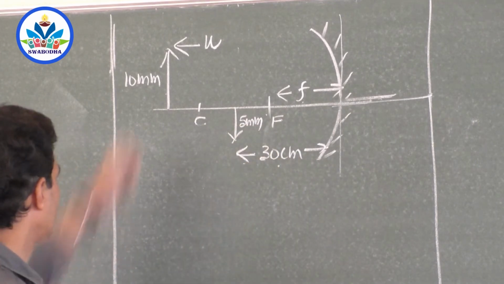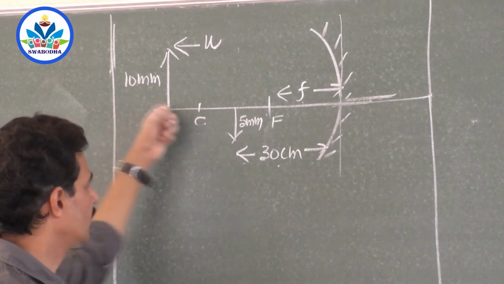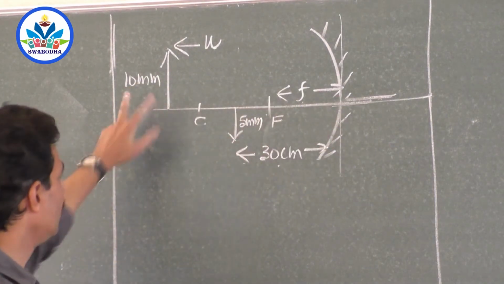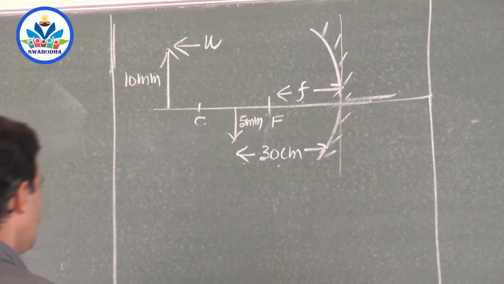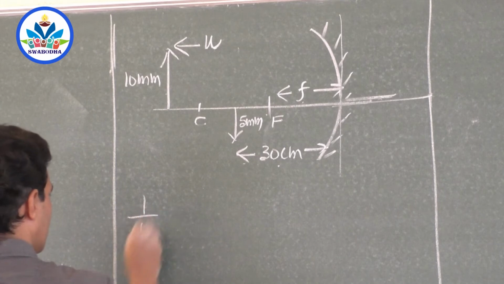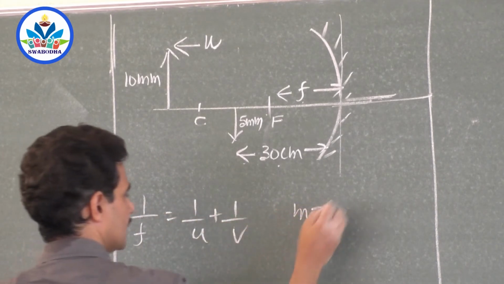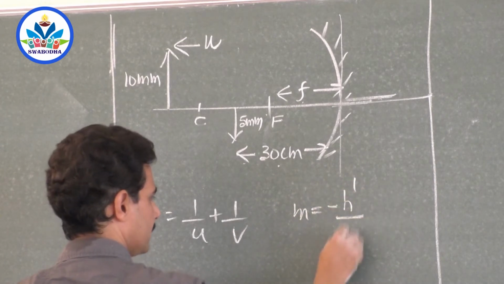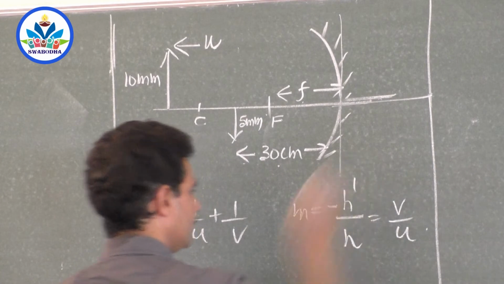We have the image distance, we want to know the object distance, but we know the magnification cases, right? Using that we have to do it. Now formulas for concave mirror are 1 by f equal to 1 by u plus 1 by v, and magnification is minus height of the image by height of the object, h dash by h, that is equal to v by u, right?